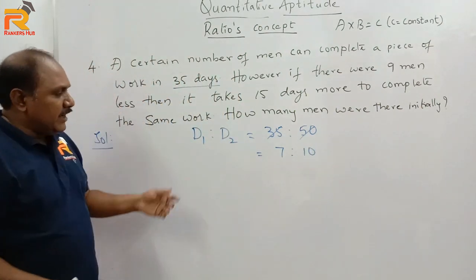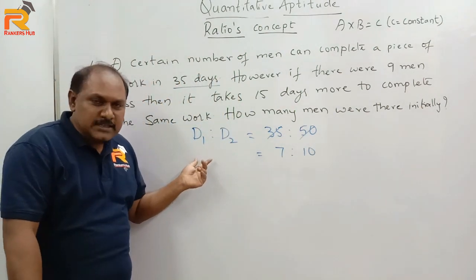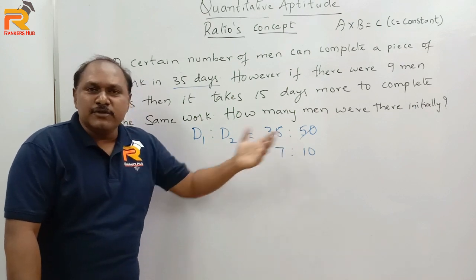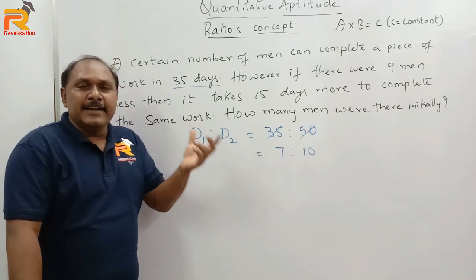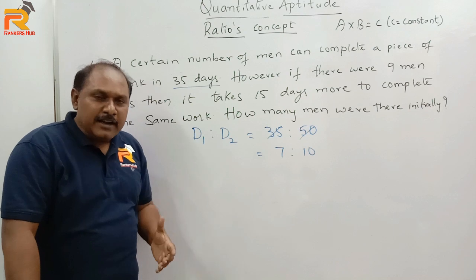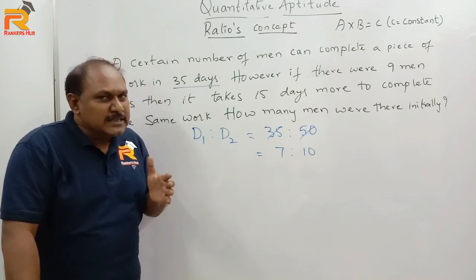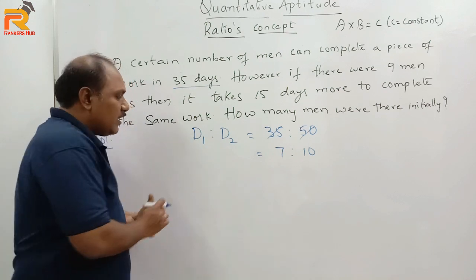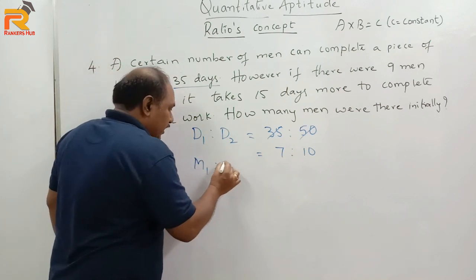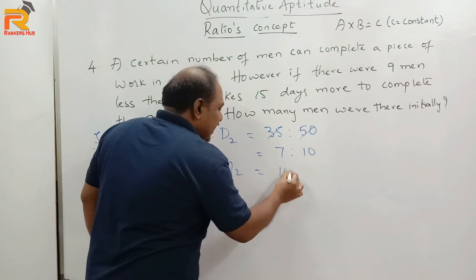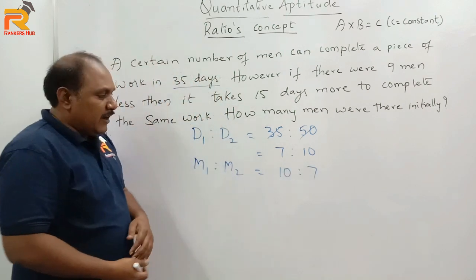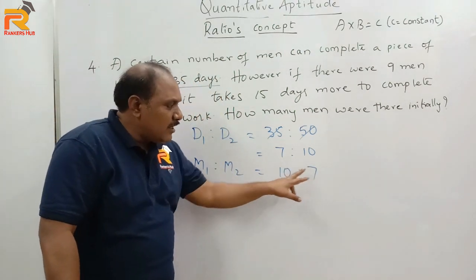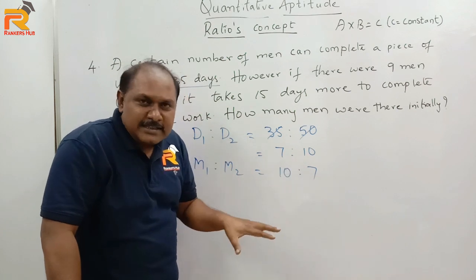So here you can see time, that is days, is in the ratio of 7 is to 10. So when time is in the ratio of 7 is to 10, definitely the number of men present there should be in the inverse ratio. That is, the number of men should be in the ratio of 10 is to 7, where 10 is the initial number of men and 7 is the men after decreasing.